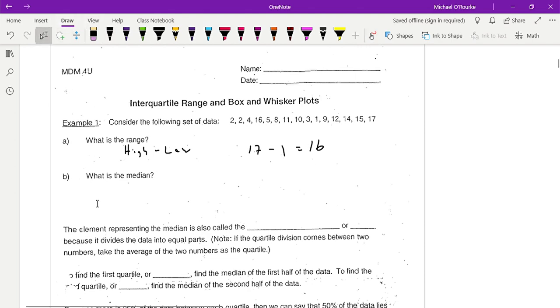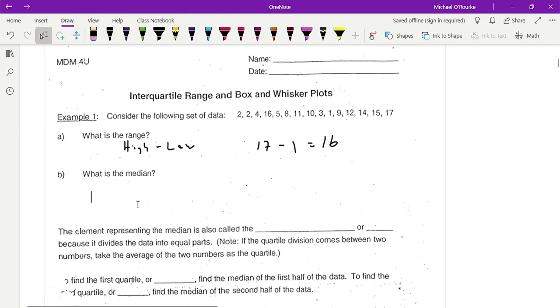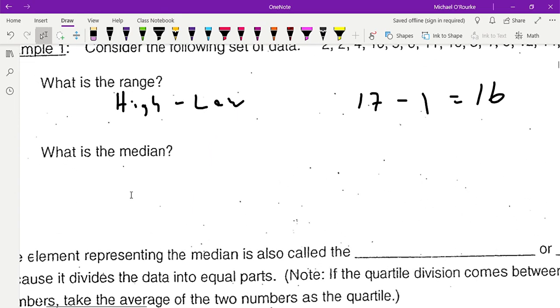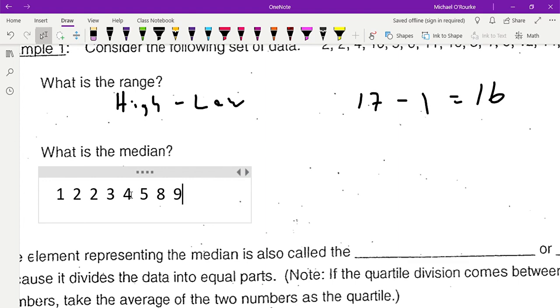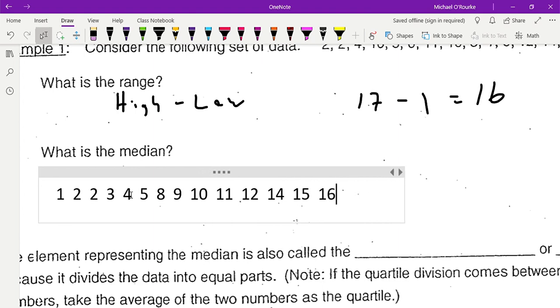I'm going to type them in so it's neater than if I were to. How many data points do you have?